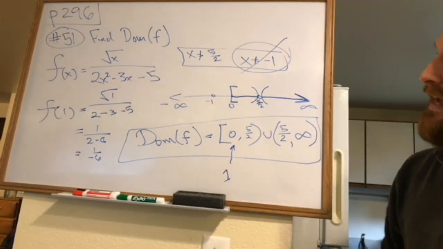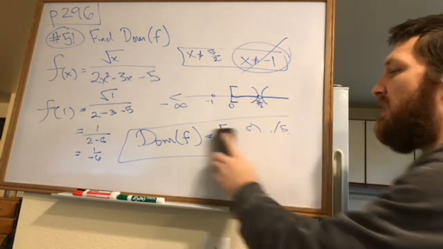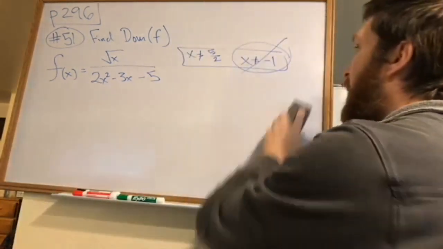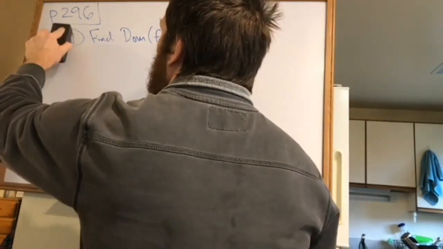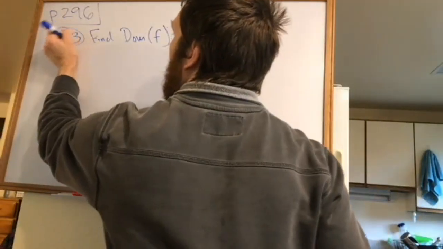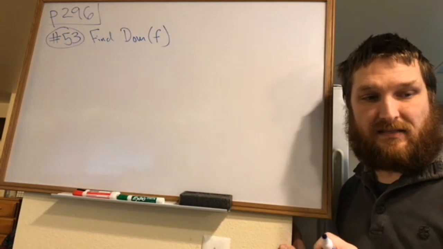Okay, so that's the idea with all of these domain and range things. We're only working with domain. We're finding the domain of a function. Basically, we're asking what values make this thing blow up. In other words, what values would I plug in that give me a division by 0?